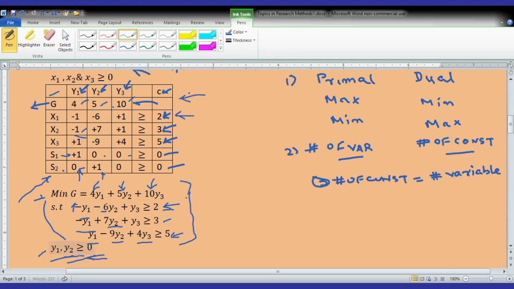So this means that the objective function will have 5 variables. Similarly, there are 3 constraints, so there will be 3 variables.